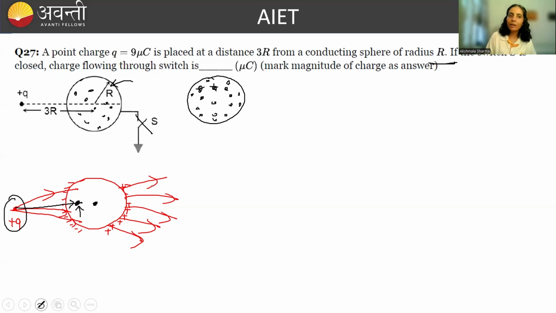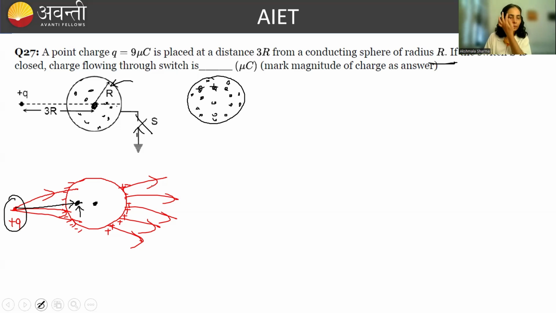It means to counterbalance this positive potential at the inside point, some negative charge must be flowing through this switch to the surface of this sphere. And that negative charge should be producing the same potential as that of plus Q at the inside. For one inside point, the distance is clearly given, that is 3r.